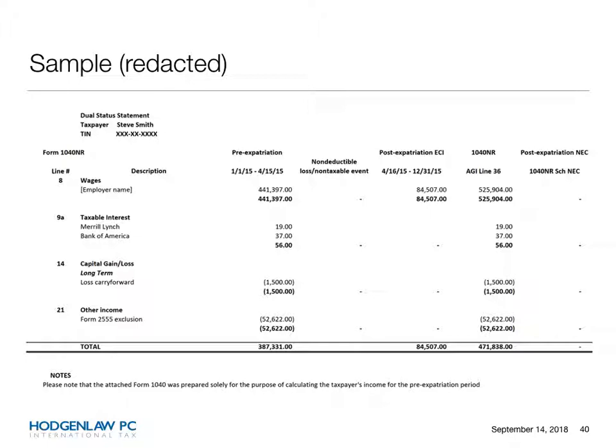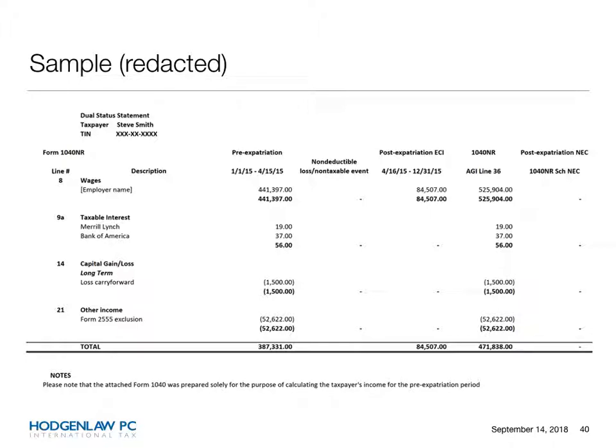Next, any effectively connected income earned in the second portion of the year after Steve abandoned his green card is reported in the column with that particular time period. Then, the pre-expatriation amounts and the post-expatriation effectively connected income amounts are summed together to get the numbers shown on the dual status return 1040NR, in addition to the non-effectively connected income, which would show up on 1040NR Schedule NEC.